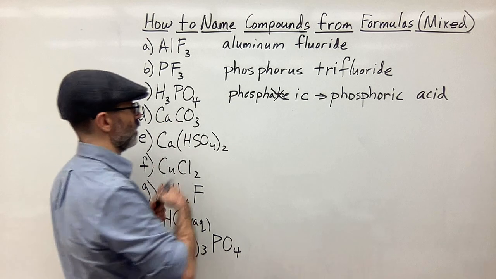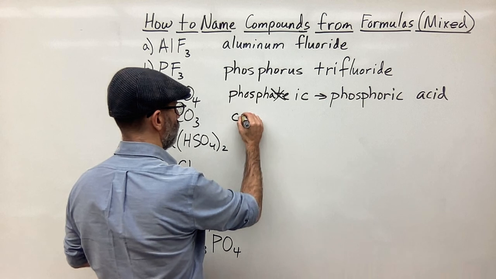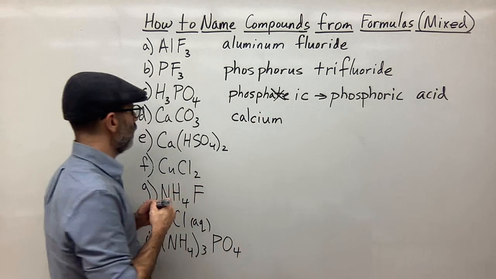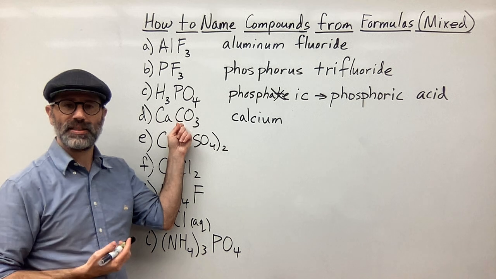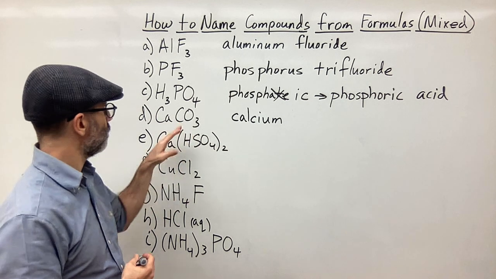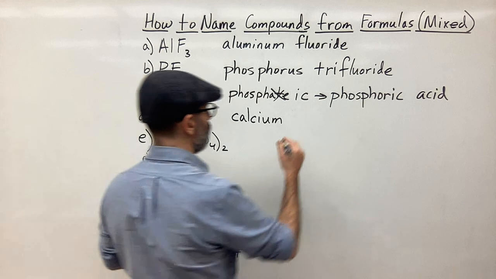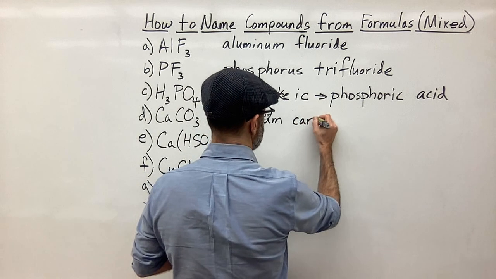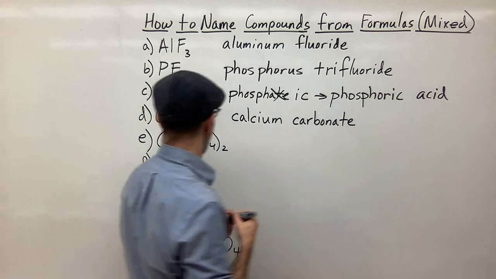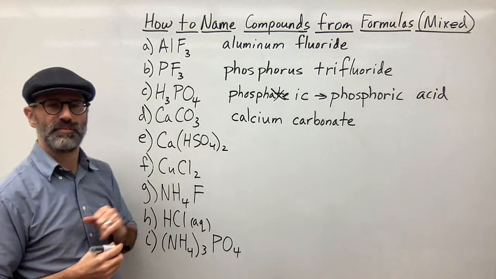So here it's just going to be calcium. There's no Roman numeral. And then we have CO3. You have to recognize that polyatomic ion. You need to know the name and the charge of it. So this is the carbonate ion. So here we have calcium carbonate.